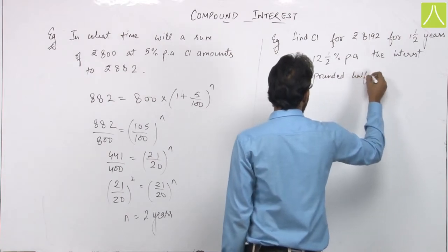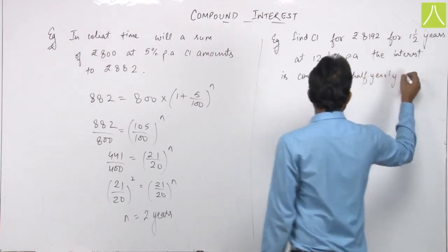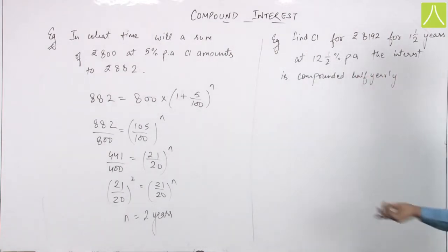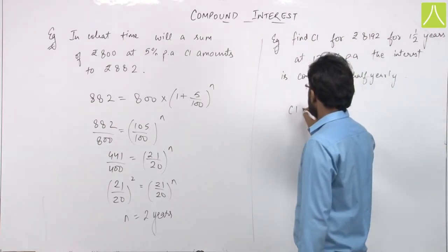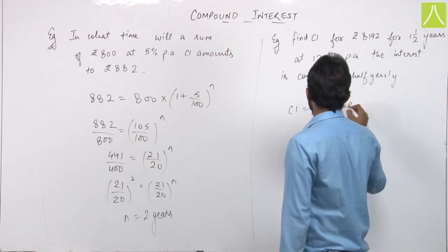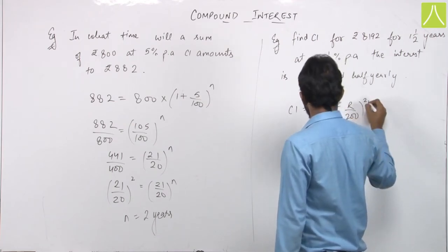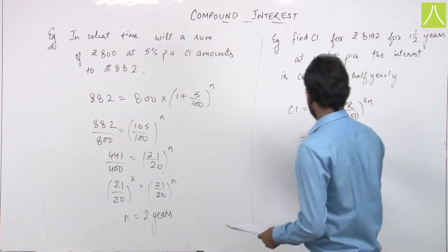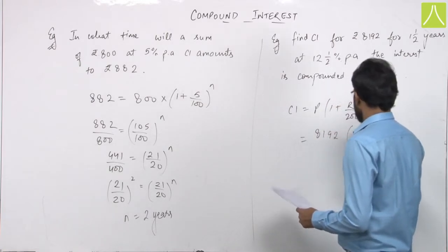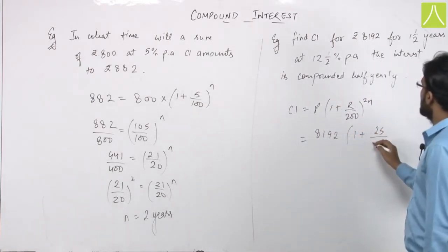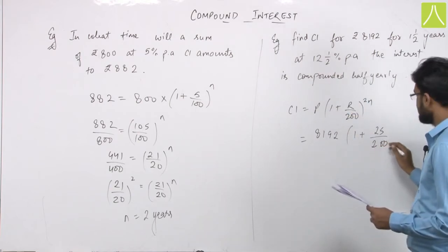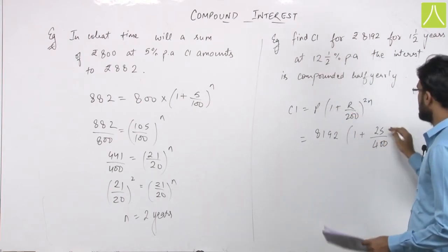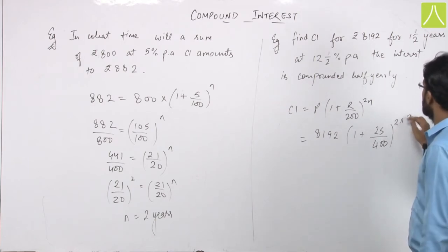So we know that in the half yearly pattern, the rate is going to be r upon 200 and the time will be equal to 2 into n. So basically using the compound interest formula, which is principal into 1 plus r upon 200 whole power 2n, you have to calculate for the amount 8192 into 1 plus 25 divided by 2, divided by 200, which will become 25 divided by 400, whole power 2 into 3 by 2.